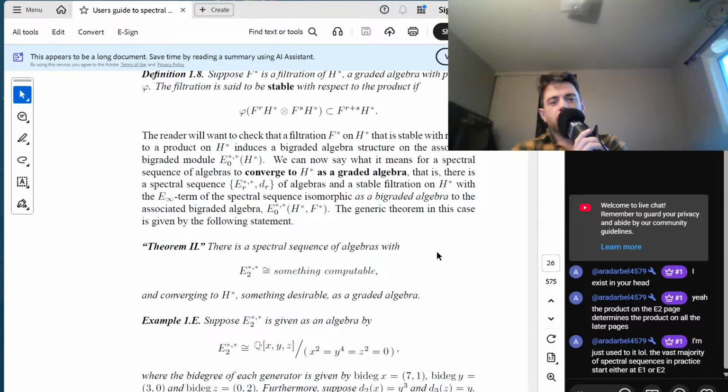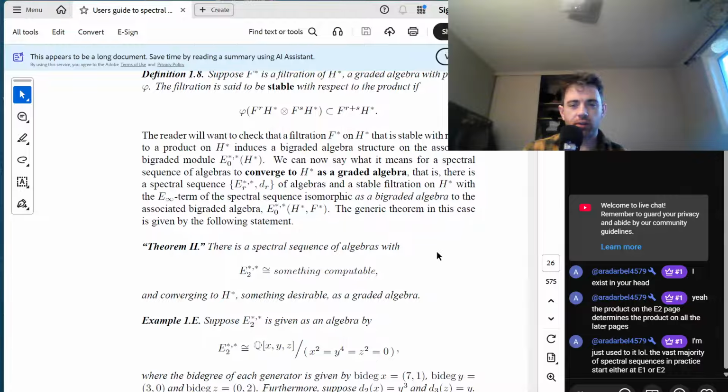The reader will want to check that a filtration that is stable with respect to a product on H induces... you can't tell me what I'm going to want. Can't tell me that. Sorry, I'm tired.